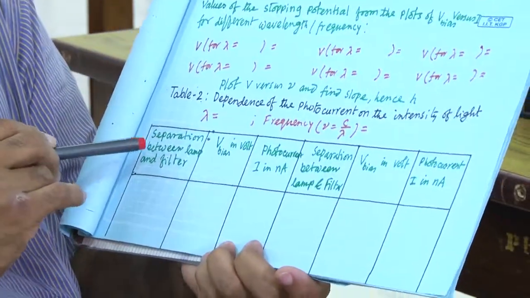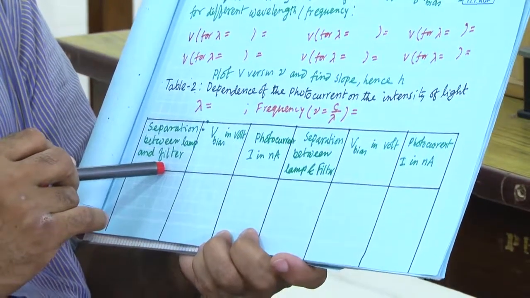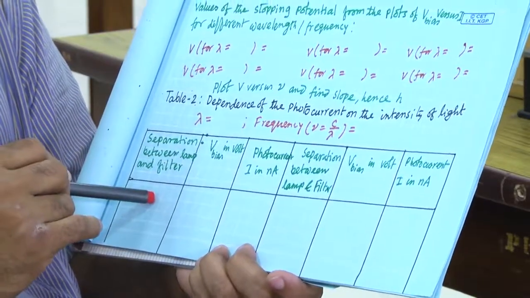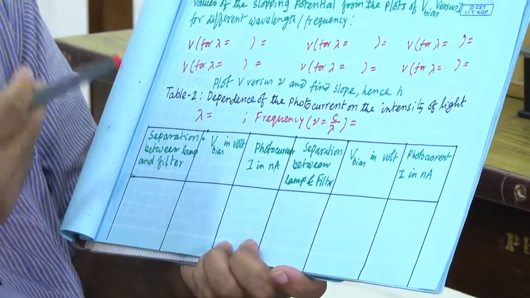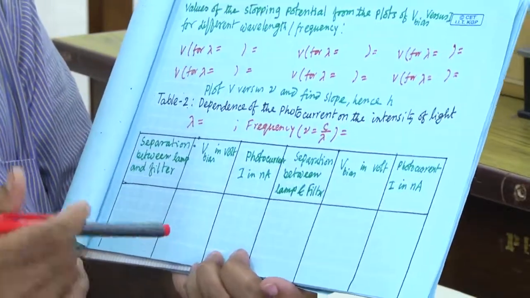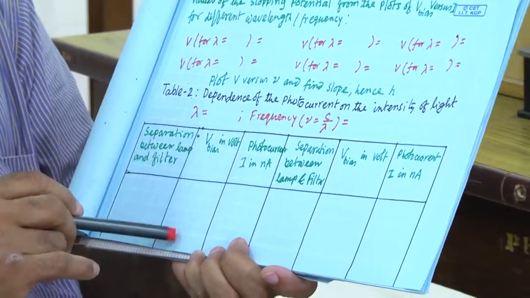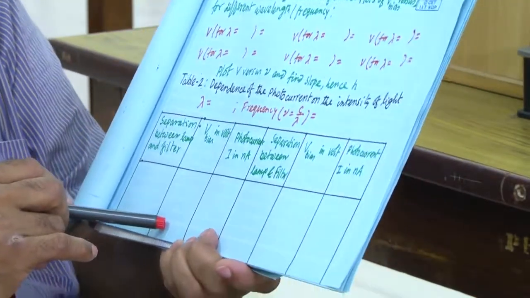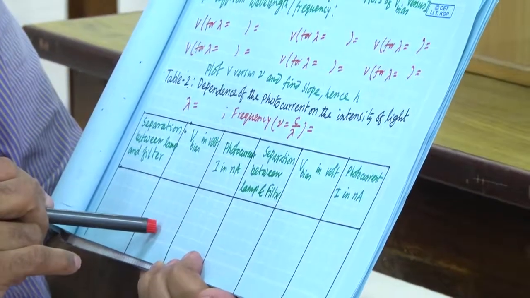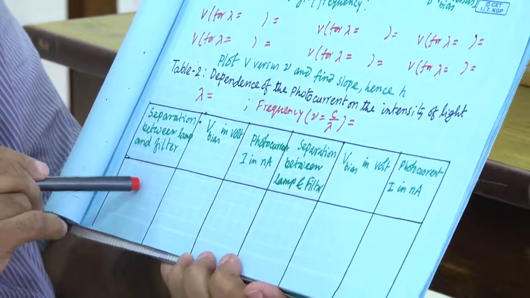So, the second work is dependence of the photocurrent on the intensity of light. So, separation between lamp and filter: we will change this distance between lamp and filter, so the intensity of light on the photocell will decrease. Some bias voltage will be given and kept fixed. Now, we will note down the photocurrent just by changing this distance.